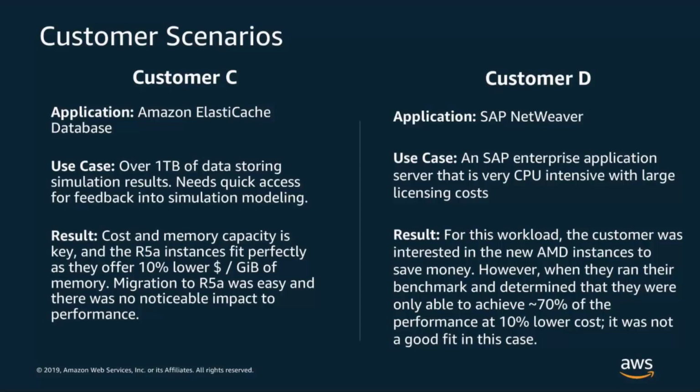What the customer noticed was in this specific benchmark for NetWeaver, they were only able to achieve about 70% or so of the performance at 10% lower cost. This customer was very sensitive to the amount of CPU performance available, and the 10% lower cost did not offset the performance differences for them. So it was not a good fit, and they decided to stay with M5.